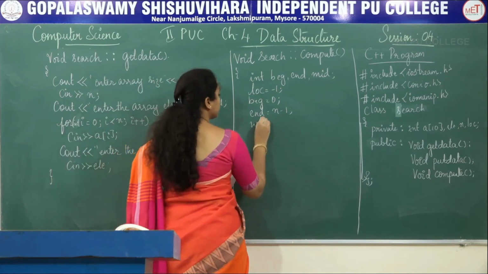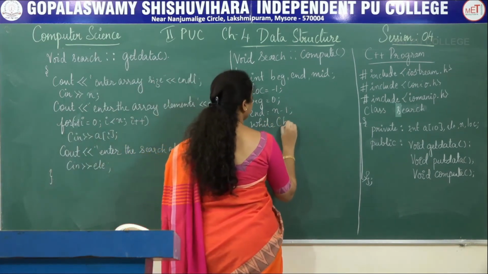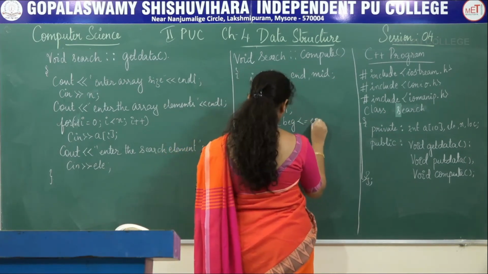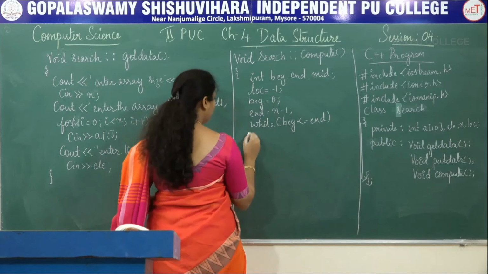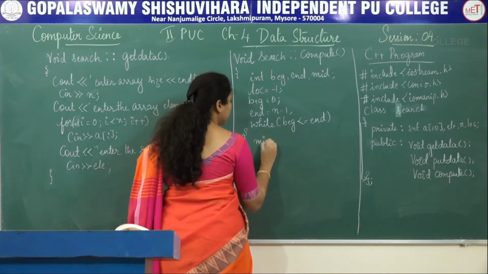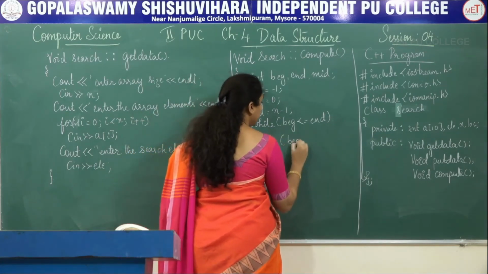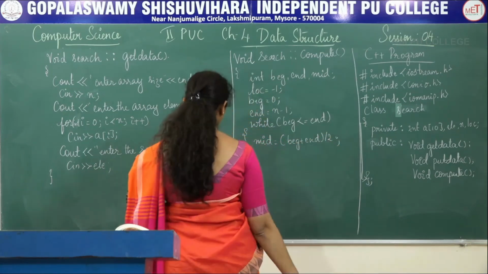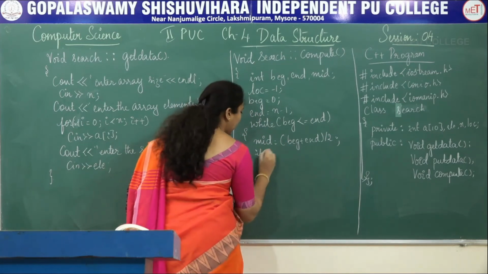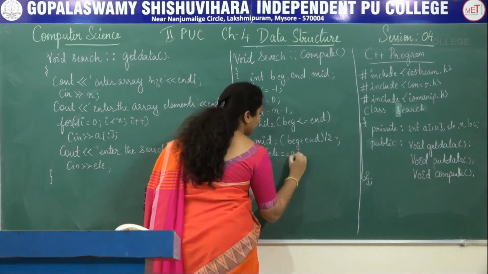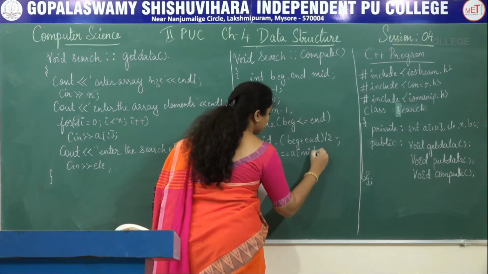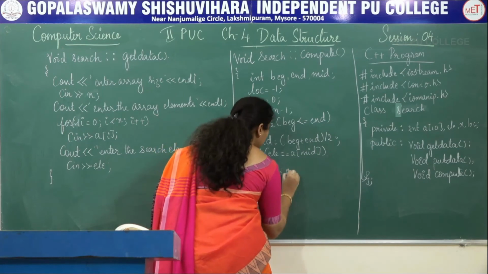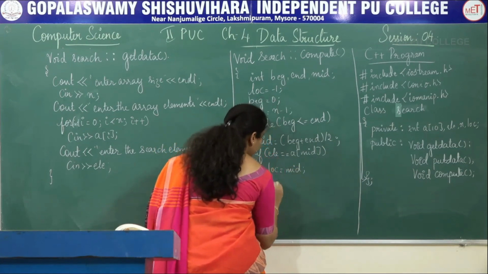While beginning is less than or equal to end, we find the middle element. Mid is equal to (beginning plus end) by 2. If element is equal to A of mid, then location is equal to mid, break.